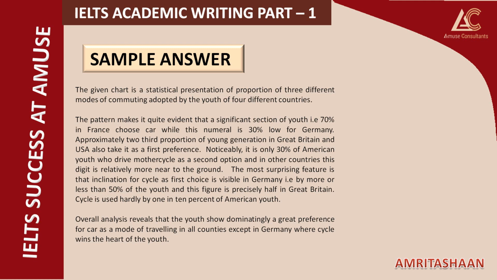Overall analysis reveals that the youth show dominatingly a great preference for car as a mode of traveling in all the countries except in Germany, where cycle wins the heart of the youth, or where cycle is used as a first preference.